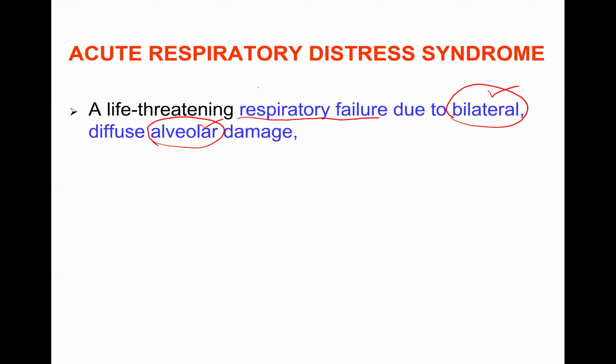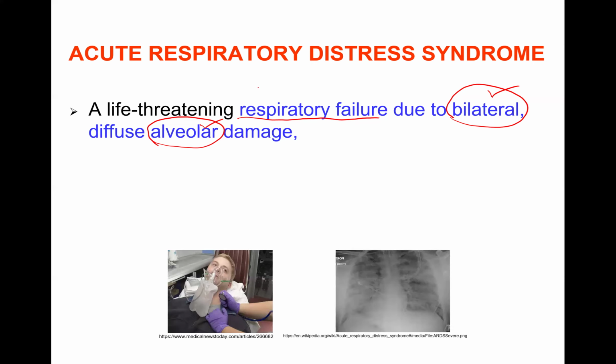Here you can see the patient is in a serious condition, and both lung fields have white patches, which are infiltrates of exudative edema and cell debris at the alveolar level. So the alveoli are damaged and the patient is unable to breathe, severely dyspneic.